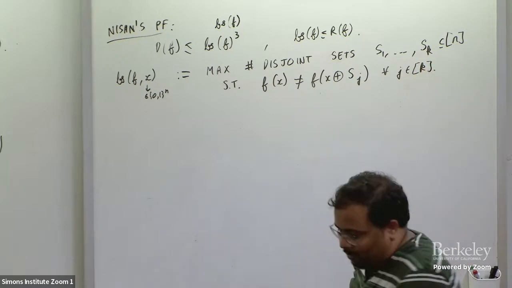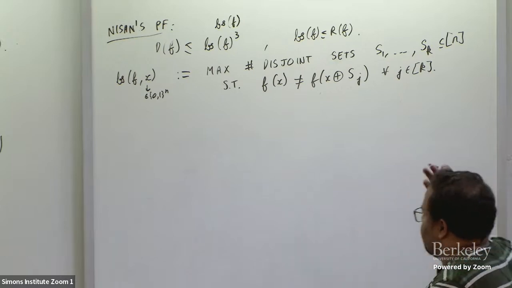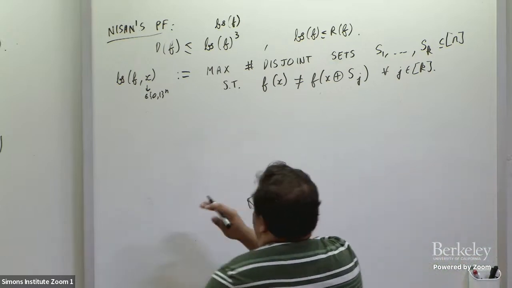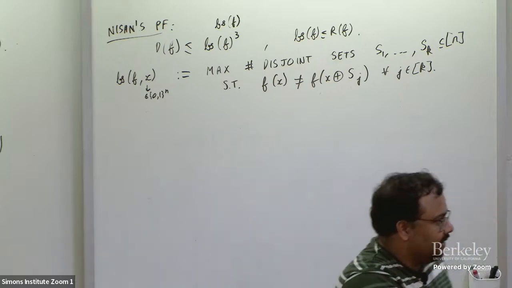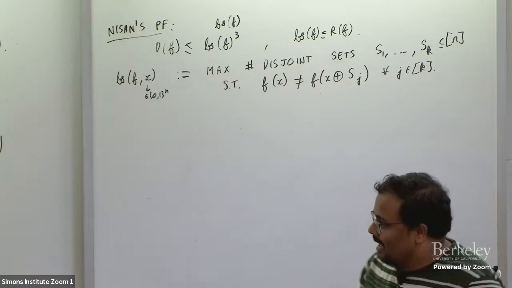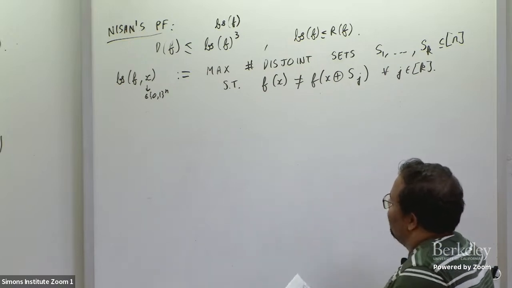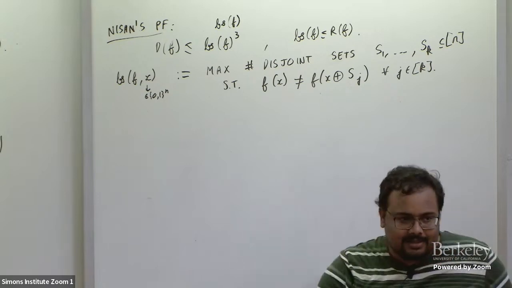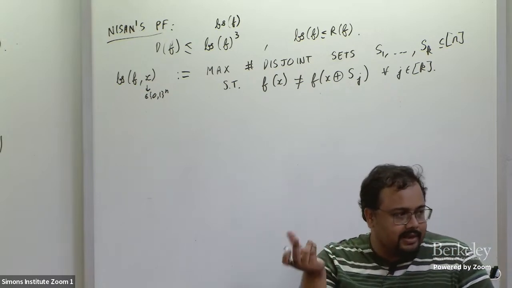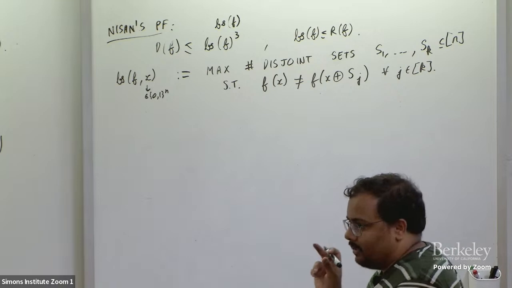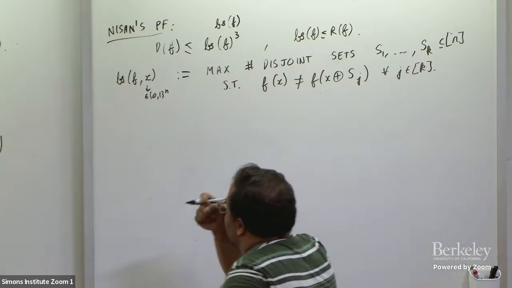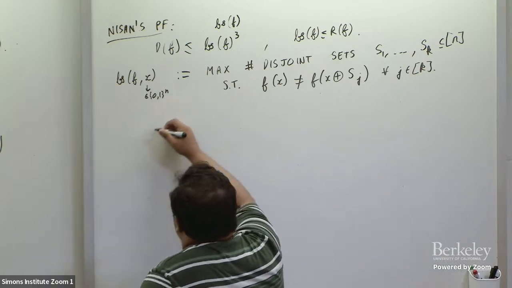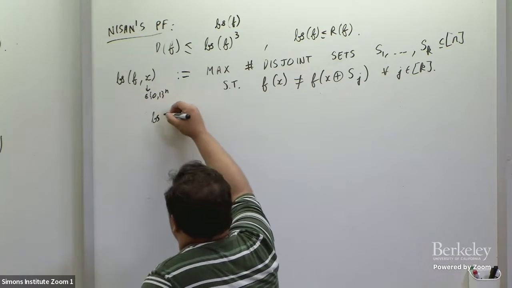This is a bit of a mouthful, so let me just illustrate with an example. Block sensitivity is just counting the number of possible sets such that if you flip the values of your input x completely on these sets individually, then the value of the function changes. And I'll just give you an example in a second.